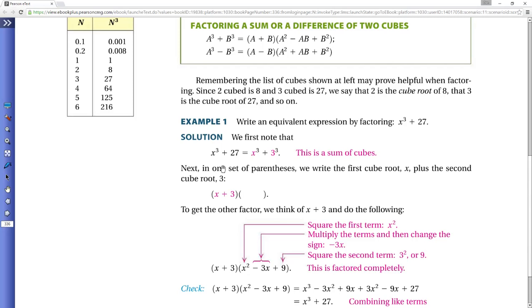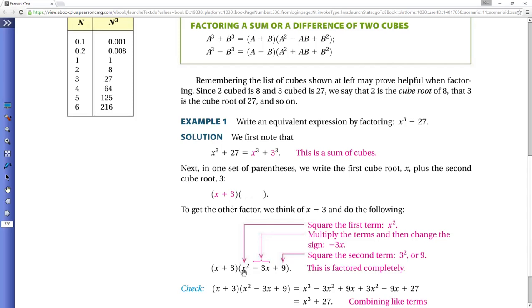Well, if I can recognize that x cubed is something cubed, or to the third power, and 27 is 3 to the third power, this is a sum of cubes pattern that I can use for factoring. That's this pattern right up here, so it's just like using this as a formula. I take the things that are cubed, x and 3, and those become the first part of my binomial factor, x plus 3.